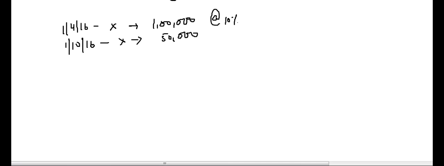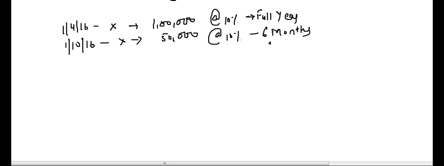So we'll pay him interest only for those months because the firm is using the money from October to March. Right? So here it will be for the full year, and here interest will be paid for 6 months, from 1/10/16 to 31st of March 17. This will be the interest paid.